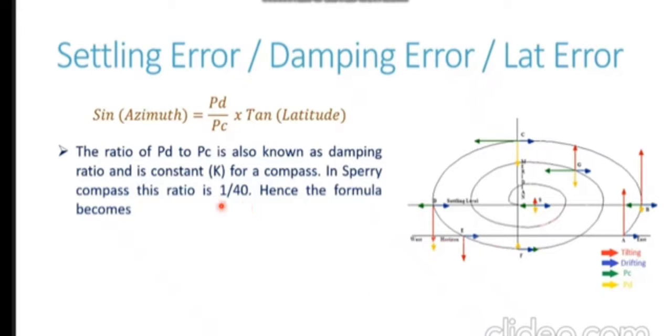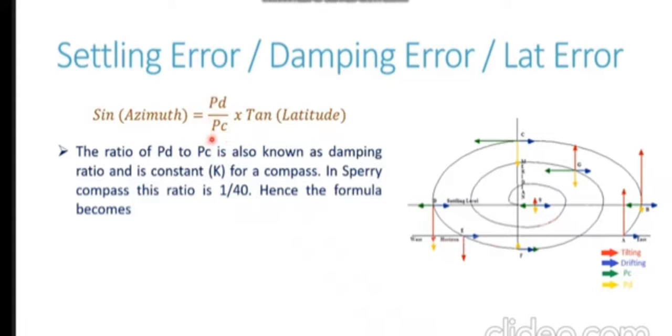The damping precession generated by the smaller 17 gram weight, proportional to the control precession generated by the bigger 680 gram weight, gives you a damping ratio of 1 is to 40.